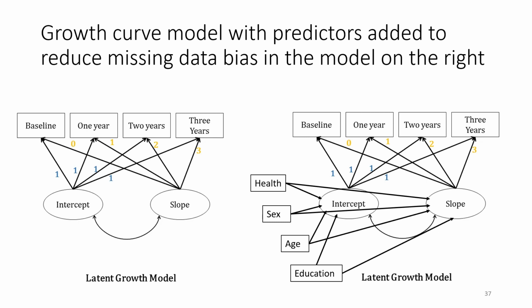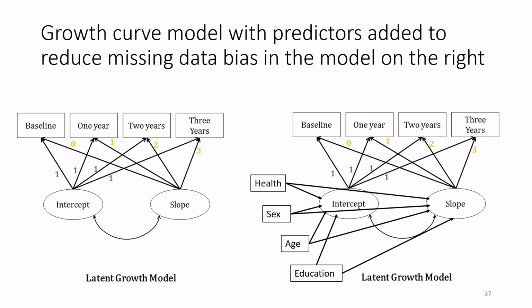So in this slide, we see an example of the way that this might be done. The graphical user interface on the left is a structural equation model used to model longitudinal data, and it's called a growth curve model. It's actually pretty simple.